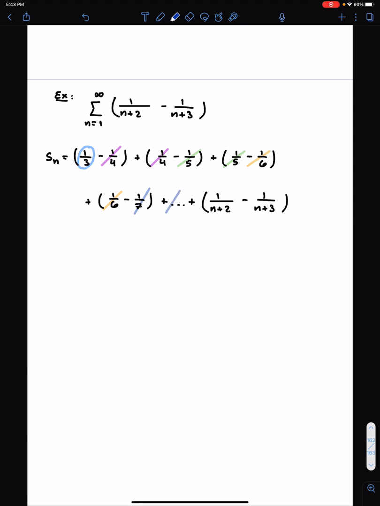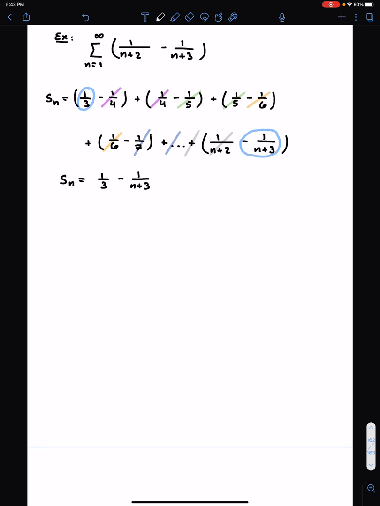And the 1 over n plus 2 will cancel with one of them before. And the only one that's left would be the minus 1 over n plus 3. So the nth partial sum is equal to 1/3 minus 1 over n plus 3.